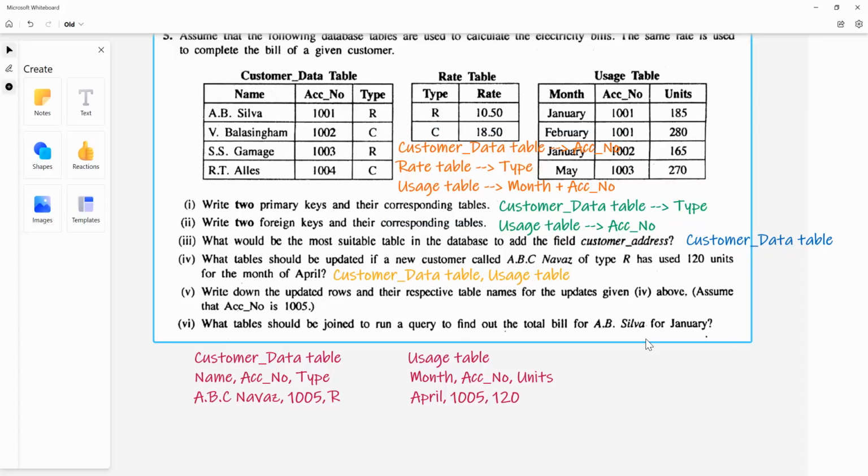Now we know the units, so we have to get the per unit figure. So we have R 10.5, C is 18.5. And finally, you have a rate table. So you need all the tables: customer data, rate table, and usage table.